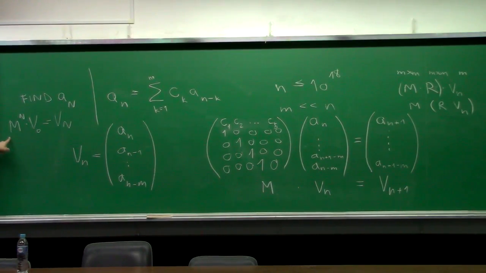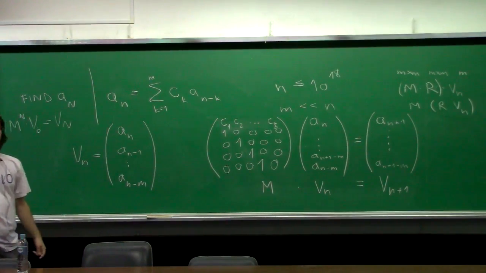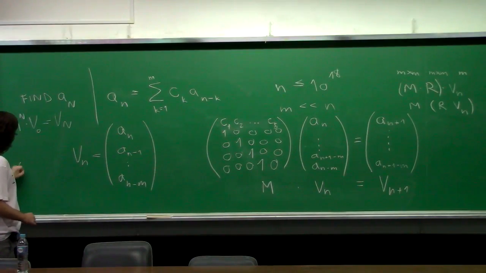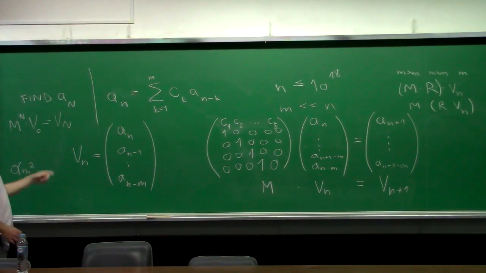The problem is computing M to the power of n. Since n can be up to 10^18, we of course cannot just multiply by this matrix over and over, even though there is m squared time for each multiplication of a vector by a matrix. Then it would be O(m^2 times n) time, which is bad.